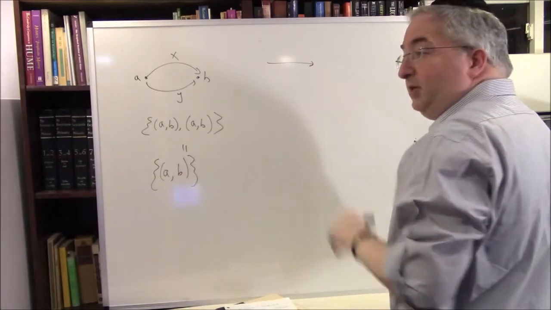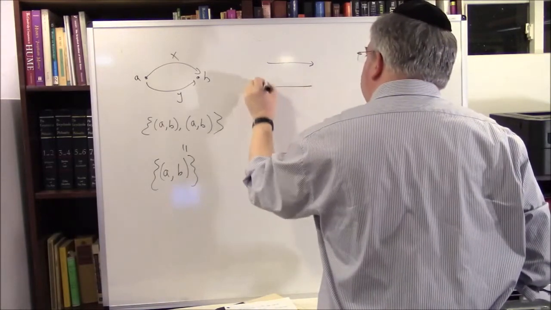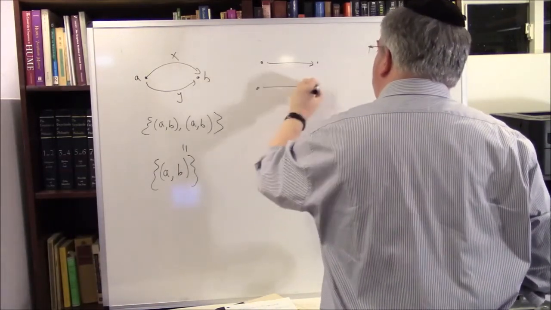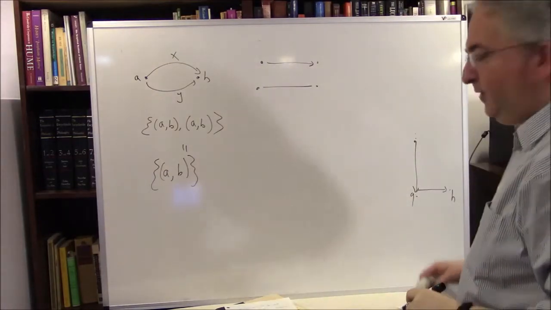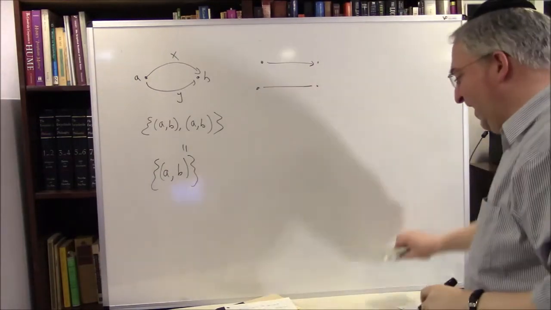Now we're going to talk about just a graph, which is about things like this, with no directions. So first we need an exact definition.